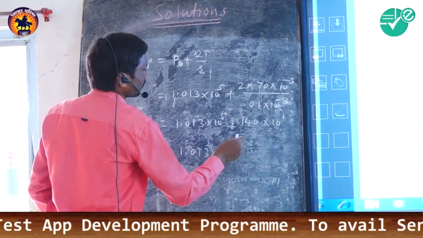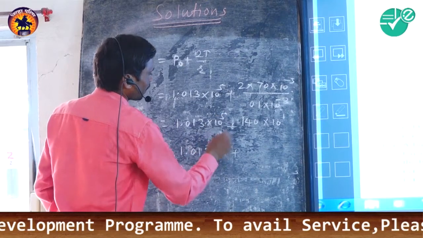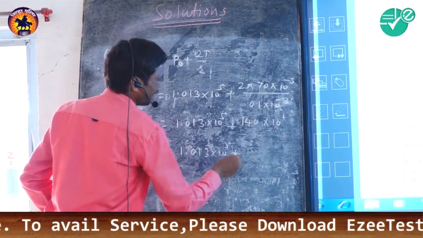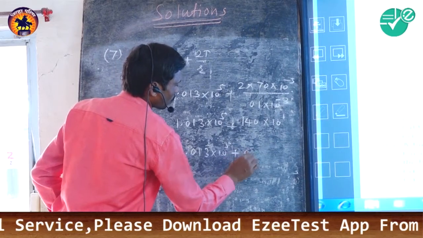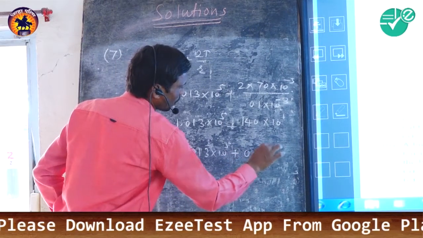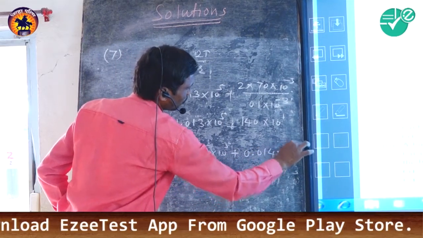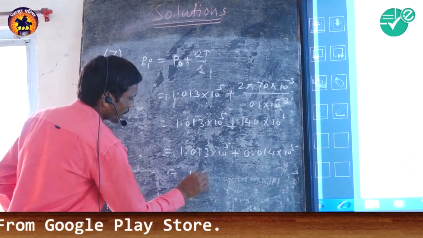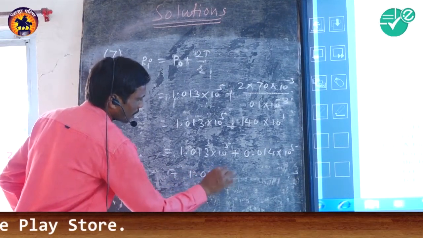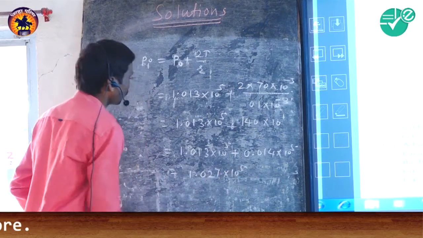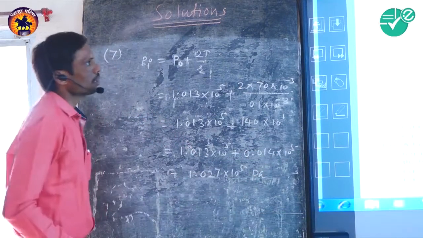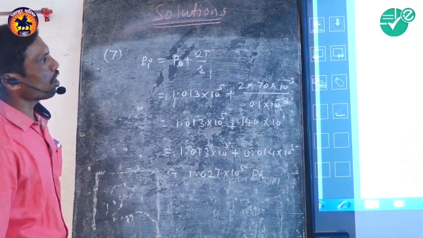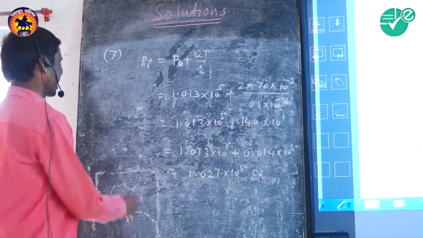It means put here 10 raised to 5 common, that's why we must shift here the decimal left. So we get 0.014 into 10 raised to 5, and therefore we get it is 1.027 into 10 raised to 5 Pascal, or here Newton per meter square. It means here option C1 is correct.